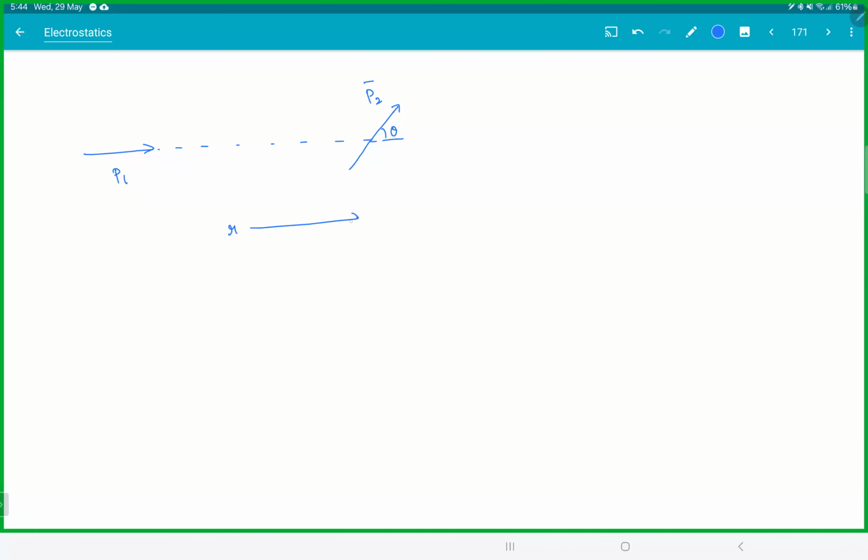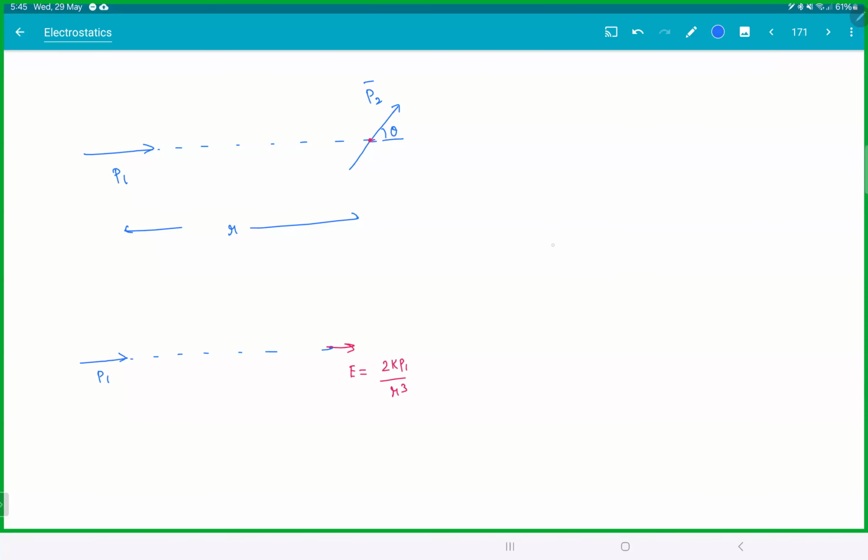So the idea here is, at this point, the field due to P1 will be 2kP1 by r cube. It's on the axial line.